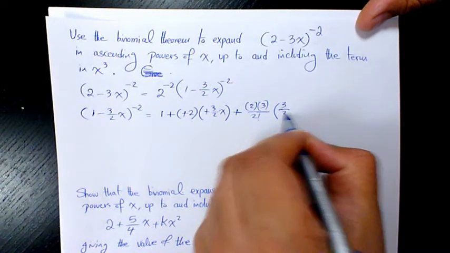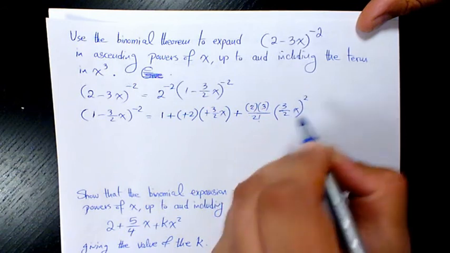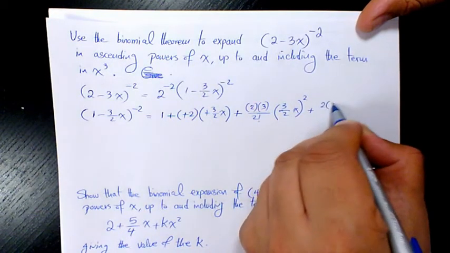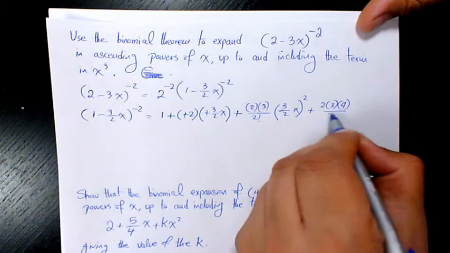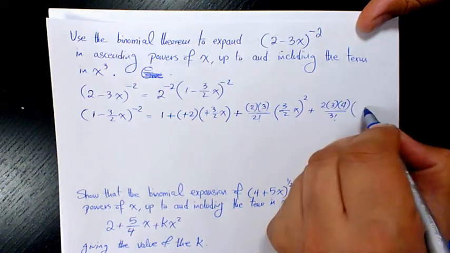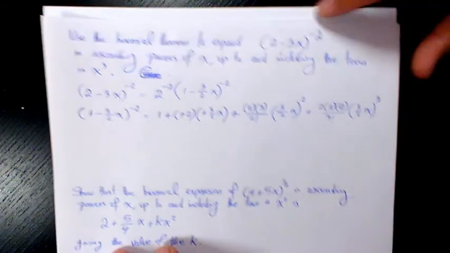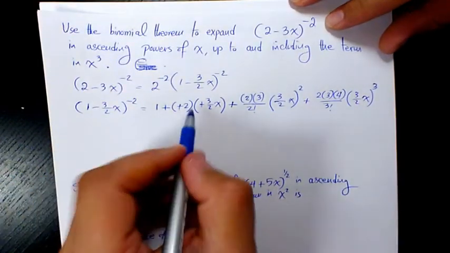3 over 2x to the power of 2 plus 2, 3, 4 divided by 3 factorial, 3 over 2x to the power of 3. Then when you simplify it, 2 and 2 cancel out.